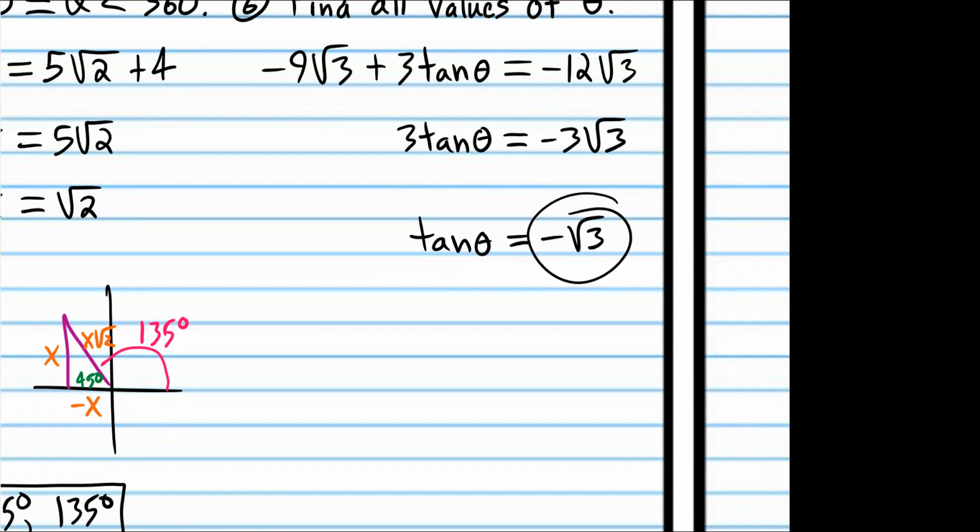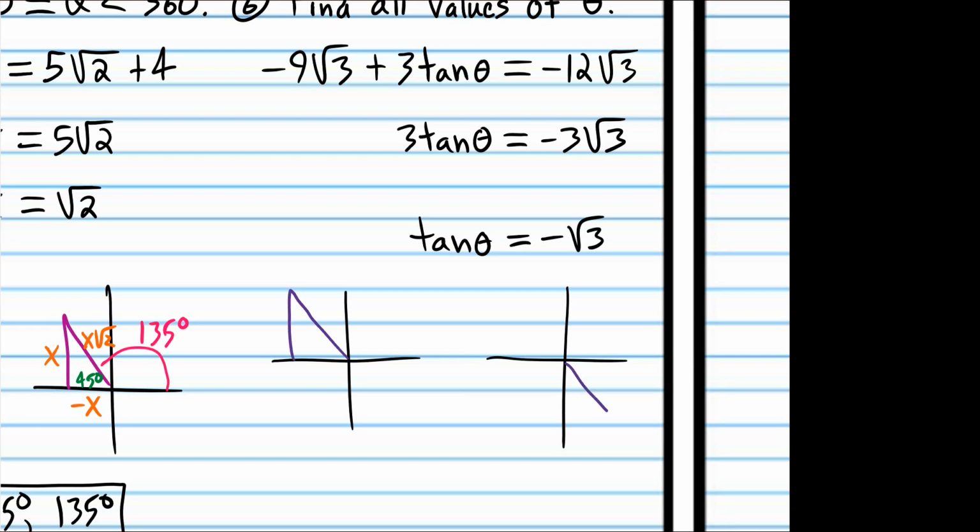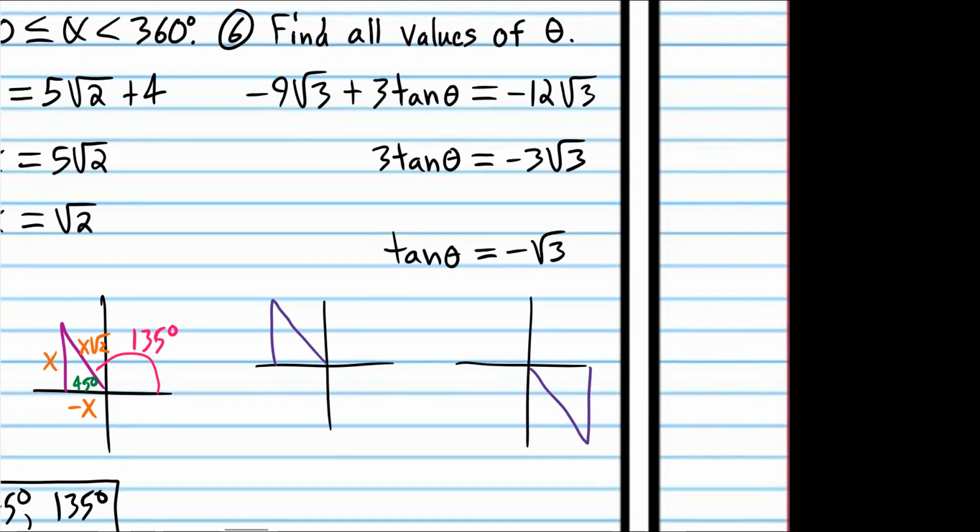You probably recognize this as negative x root 3 over x, which means this is going to be a 30, 60, 90 degree triangle. And it's negative root 3, so our triangles are going to be in the second quadrant and the fourth quadrant, because that's the opposite blue side of the reference angle divided by the adjacent yellow side.